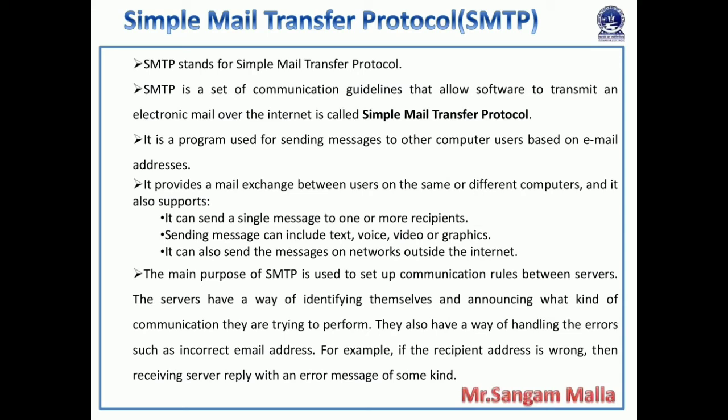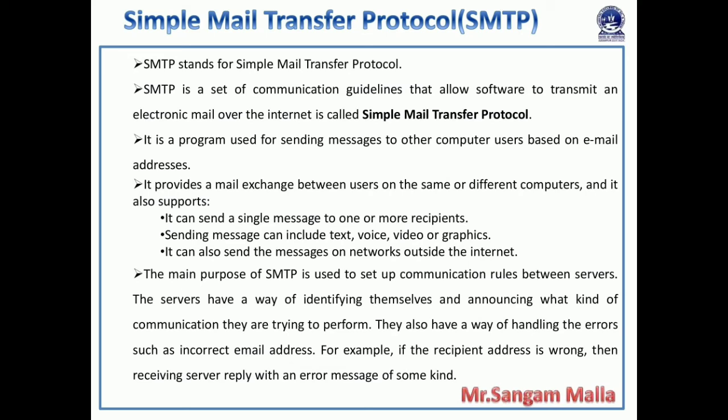They also have a way of handling errors such as incorrect email addresses. Whenever we are dealing with email addresses, SMTP gives a way of handling different types of errors in order to rectify incorrect email addresses.